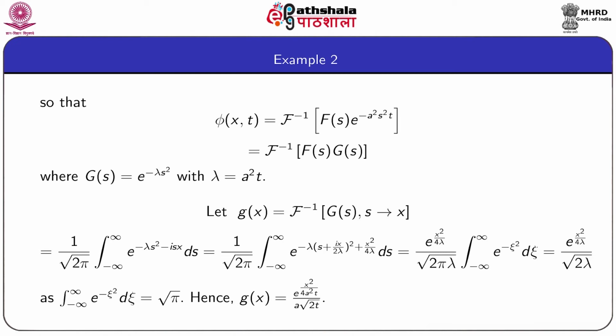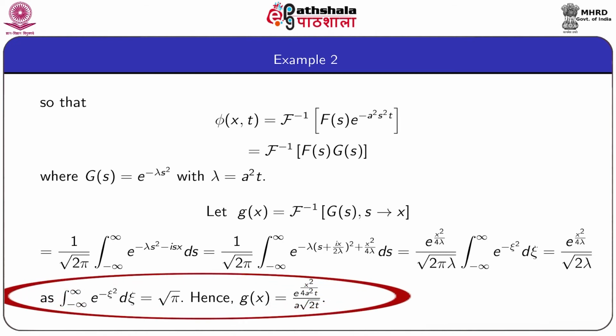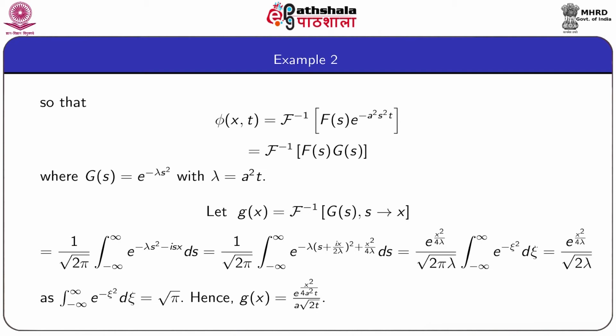The integral of e to the power minus xi square d xi from minus infinity to plus infinity can be written in terms of the gamma function, and it is equal to root over pi. Hence, g(x) can be written as e to the power minus x square by 4 lambda divided by root over 2 lambda. Now, substituting the value of lambda, we obtain small g(x) equal to e to the power minus x square divided by 4 a square t, whole divided by a into root over twice t.